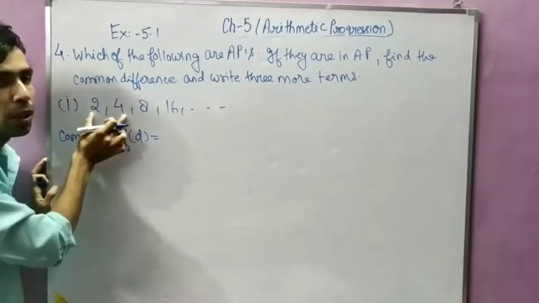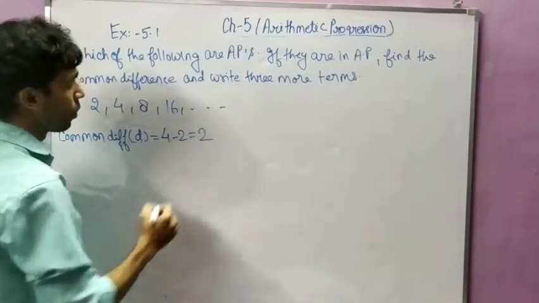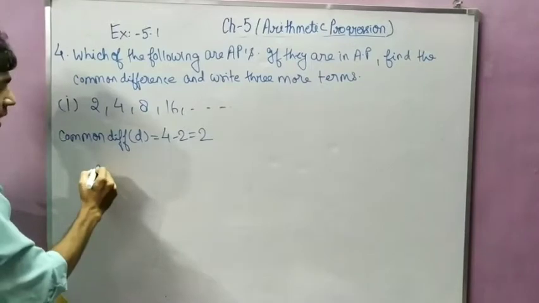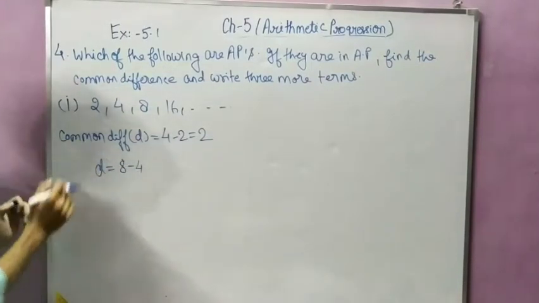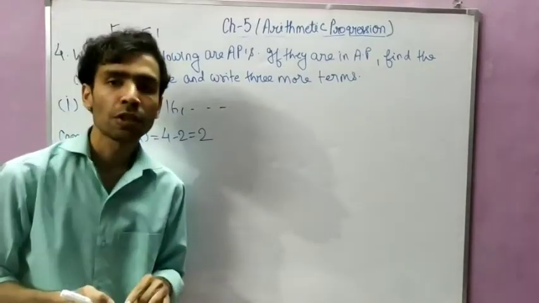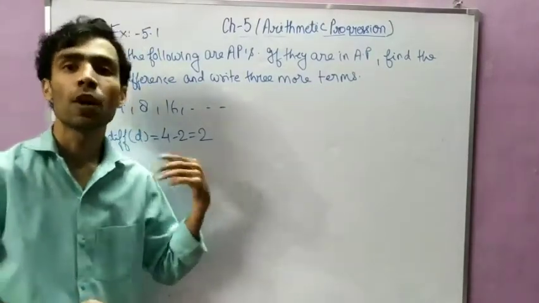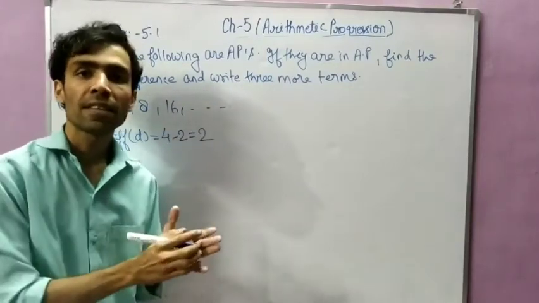Suppose I take these two terms, so the common difference can be calculated by 4 minus 2, that is 2. Now again I can calculate the common difference: D can be calculated as 8 minus 4 also. Because when you take any two consecutive terms, if it is in AP, then the common difference will be the same in all cases. So we only have to check whether the common difference is coming the same or not.